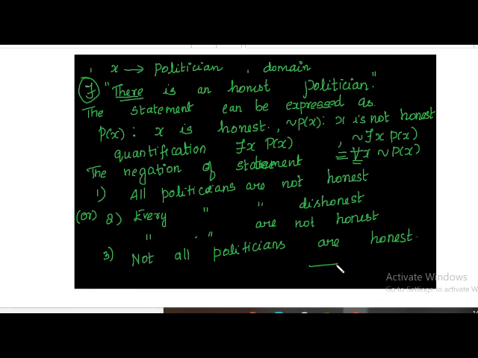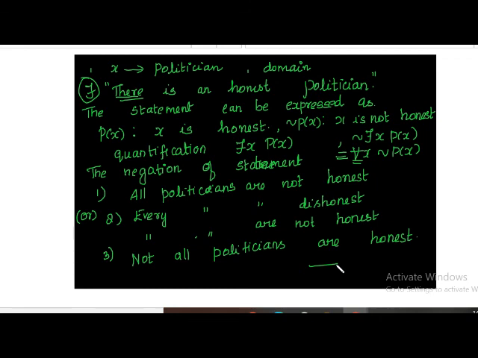So first of all, for "there is an honest politician", you take the domain as politicians, and P of x is x is honest. Then we say there exists x P of x, and its negation is for all x, negation P of x. This negation statement can be expressed in many ways. One is all politicians are not honest.